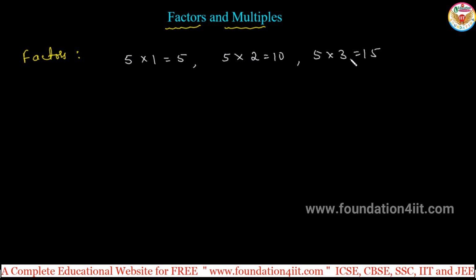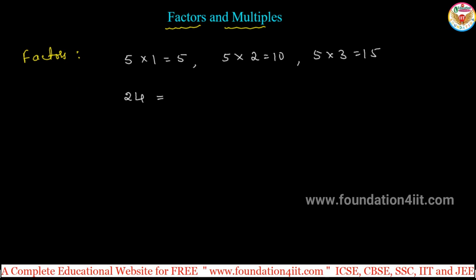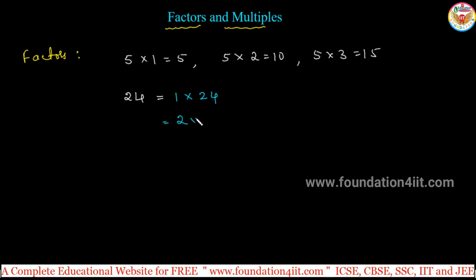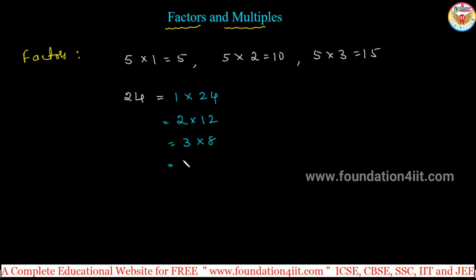To find out the factors, and the multiples in the same way, let us take 24. So 24 factors. If you do it table-wise, then it will be easy for us to do the calculation. Now 24 factors: first 1 into 24, next 2 times 12, 3 table 8, 4 table 6, again 5 table is not there, again 6 table.